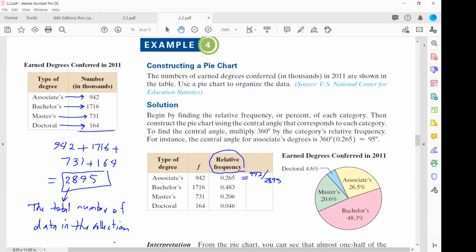So it means that the first category takes on 26.5% of the total circle. 26.5% is related to associate's degree.